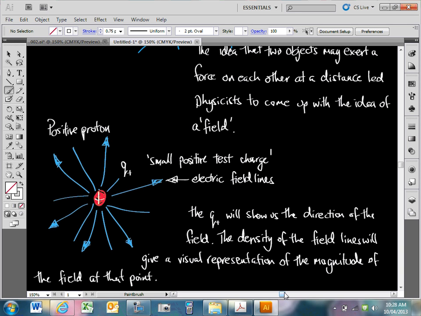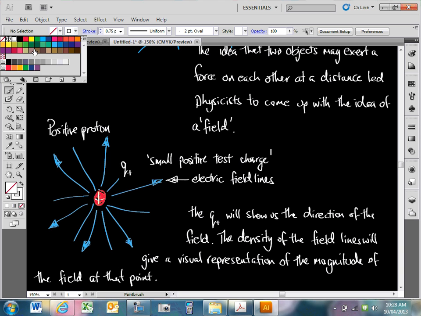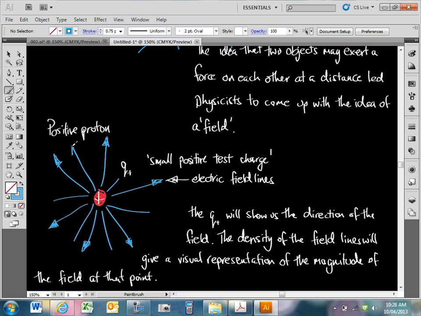So the density of the field lines will give a visual representation of the magnitude of the field at that point. It's kind of arbitrary. I've drawn more field lines in there, and those field lines only mean anything if I put them relative to something else, a charge with less field lines around it, for instance.